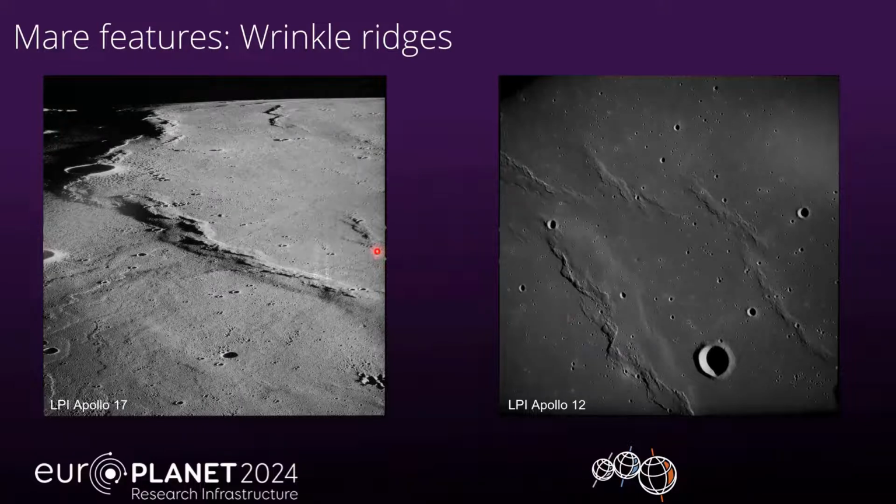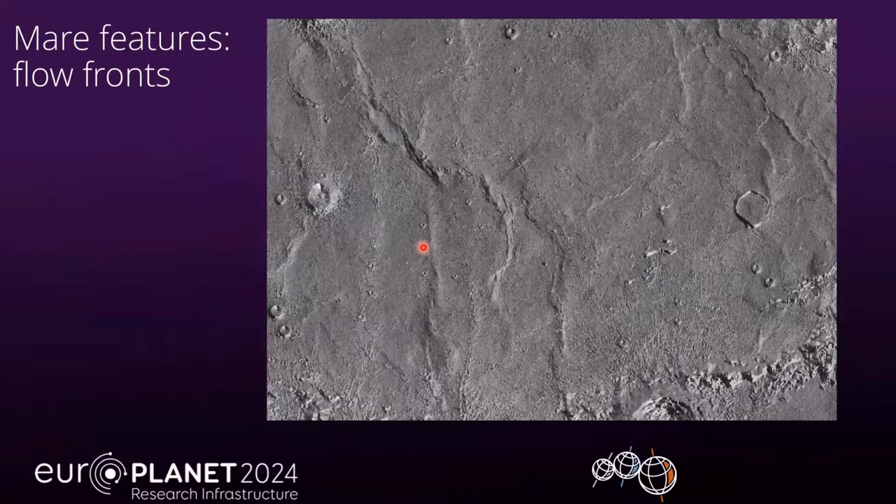Okay, and then another feature, but they're not usually observable on the moon, is that in addition to wrinkle ridges, you may see some flow fronts. I think only in Mare Imbrium are there some flow fronts in mare basalts that are visible.